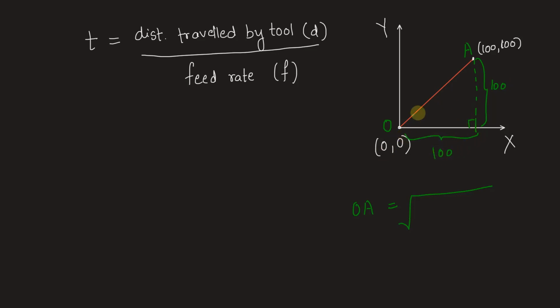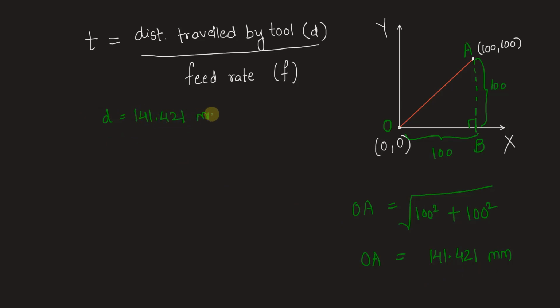So in the right angle triangle, let this point be B. In the right angle triangle OBA, we have OA, the hypotenuse, equal to under root OB square plus AB square. That is under root of 100 square plus 100 square. So OA comes out to be 141.421 millimeters.